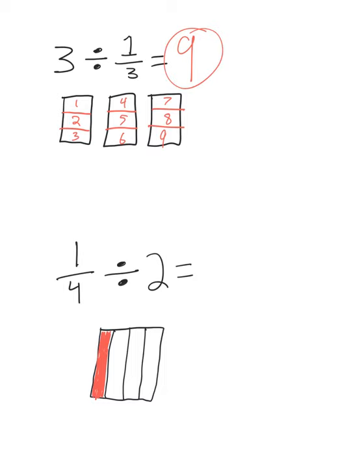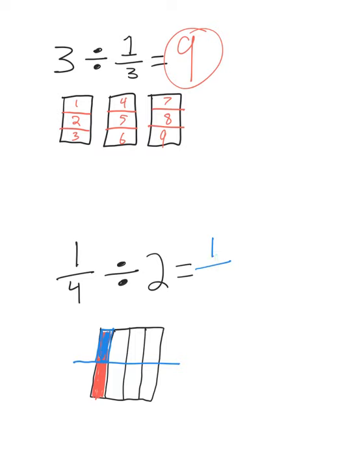Okay, now I need to divide my 1/4 by 2. So since I'm dividing by 2, I'm going to just cut this thing in half. Now my answer to this question is going to be one of these pieces. So my answer now is this one piece, and that is one of now 1, 2, 3, 4, 5, 6, 7, 8.